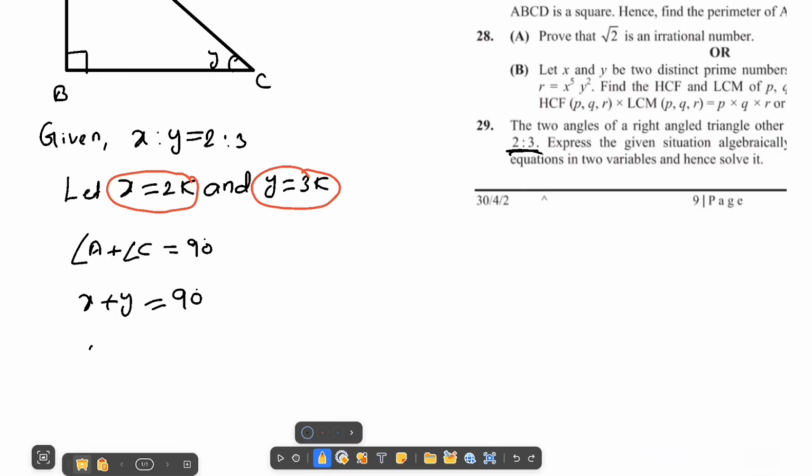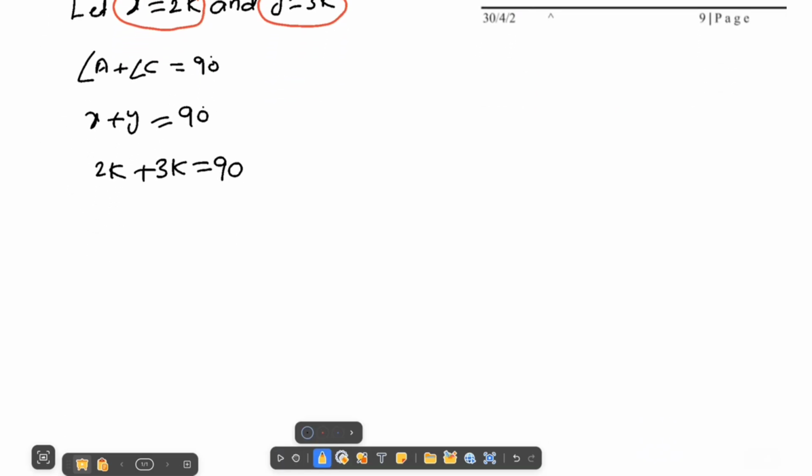So 2k plus 3k, it is 5k, equals 90 degrees. Send 5 to the right side, k is equal to 90 by 5.